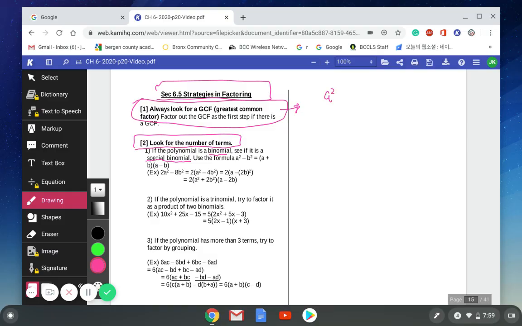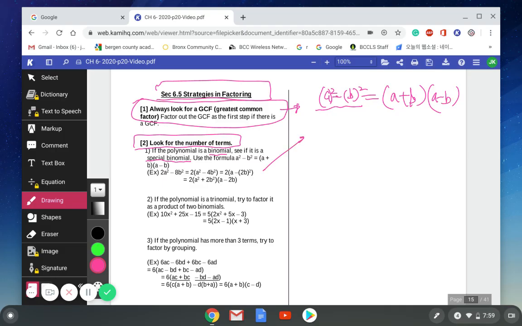Can you make it as a squared minus b squared? If you can write it in a format like this, you can always factor it as a plus b times a minus b.